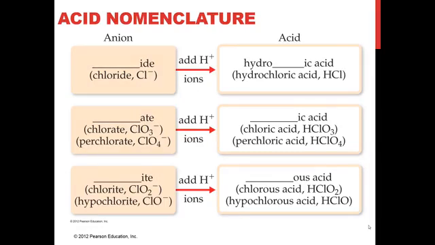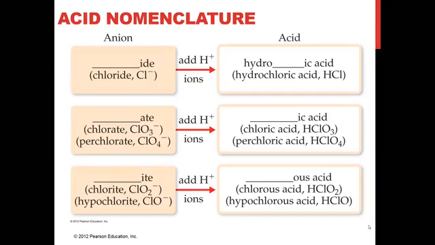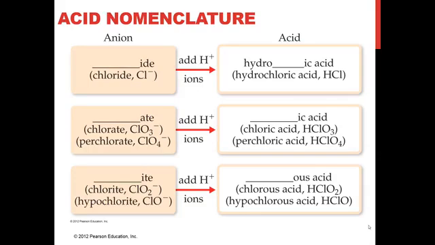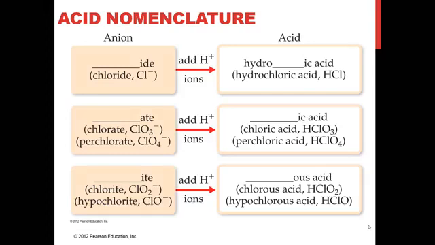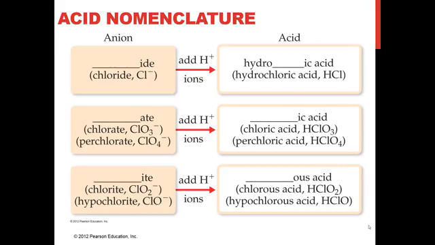We will then change the IDE in chloride to IC, giving us hydrochloric, and then add the word acid. So HCl contains the Cl1- anion and is named hydrochloric acid.